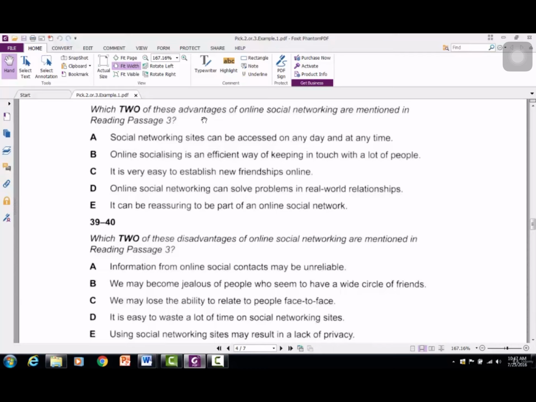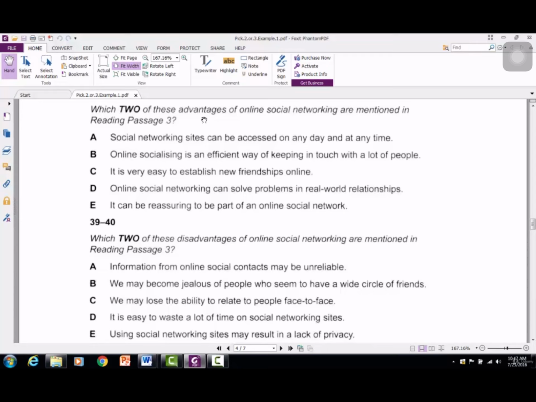While you're doing the headings question and the fill the blank question, you will look out for any advantages you see about online social networking and circle them in your reading passage. And also look out for any language that talks about a disadvantage.